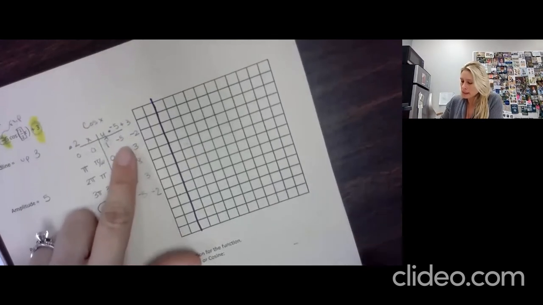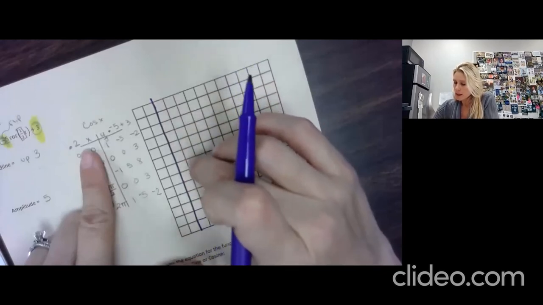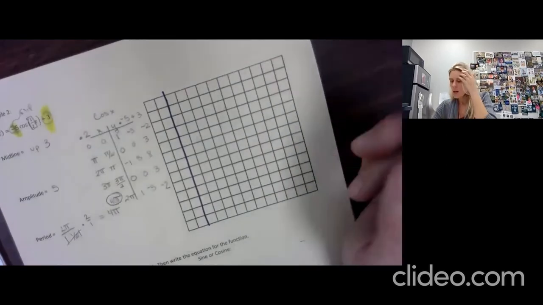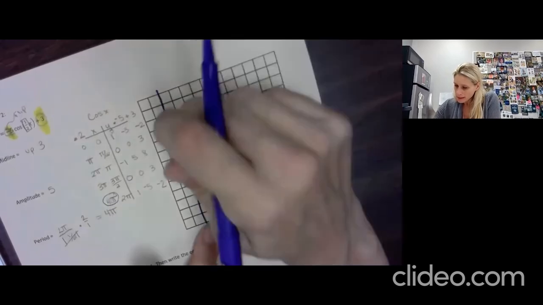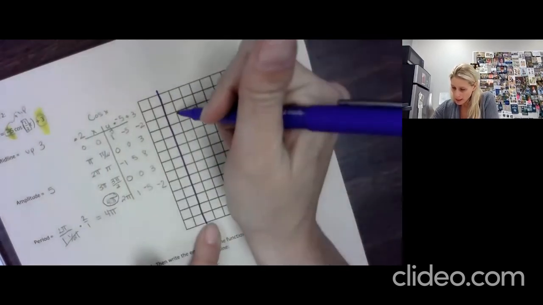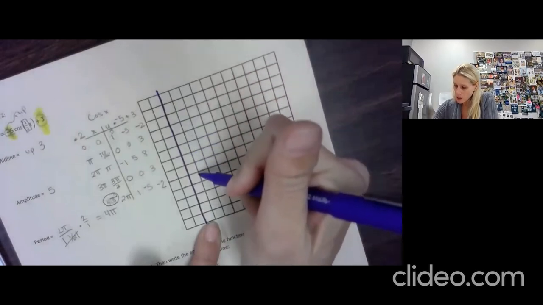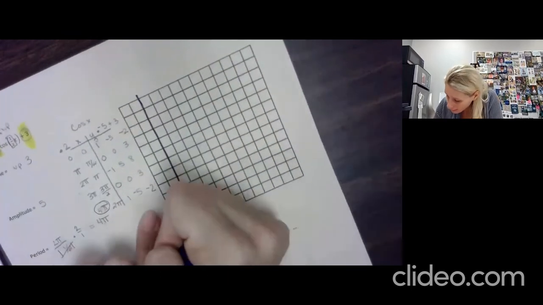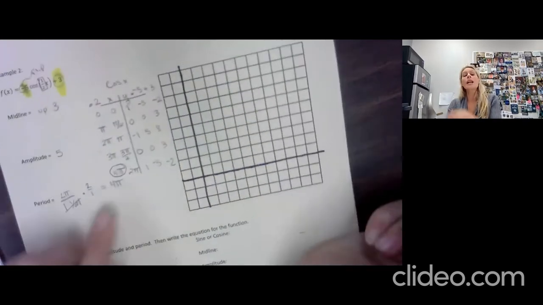So let's see, how many spaces do I have? 1, 2, 3, 4, 5, 6, 7, 8, 9, 10, 11, 12, 13, 14. I have 14. All right, so let's say if 8 was right here. So 8, 7, 6, 5, 4, 3, 2, 1, 0. Okay, so let's make our x-axis right here.